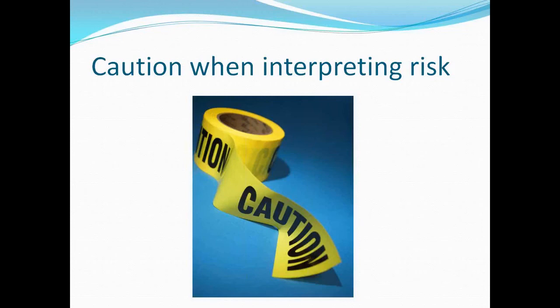For example, a decrease in risk from 4% to 2% is a 50% relative risk reduction, but only a 2% absolute risk reduction. So if the results are referring to a decrease in the relative risk and the absolute risk or the incidence of developing the disease is small, then the actual number of people affected is small.